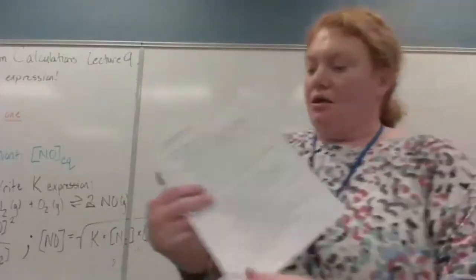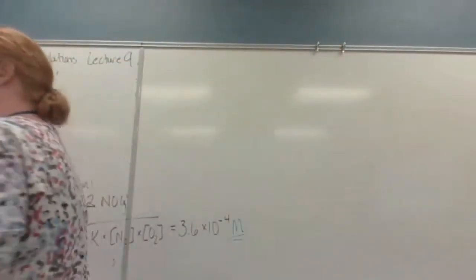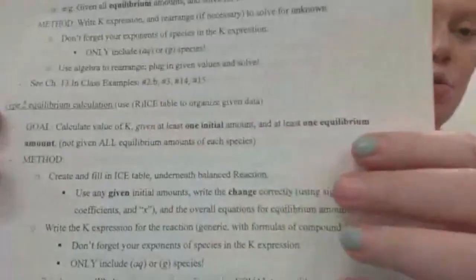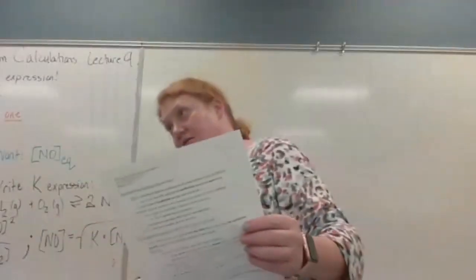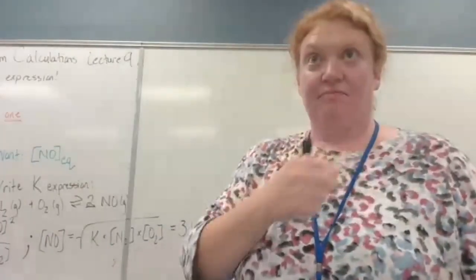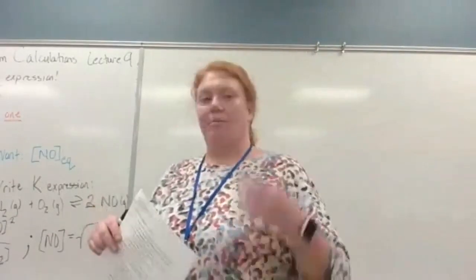What is K? You are going to be given at least one initial concentration. And then you're going to be given at least one equilibrium concentration. Okay? This is how you're going to recognize a type 2 problem. Yes?